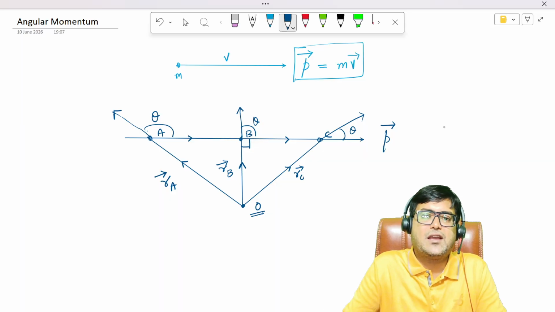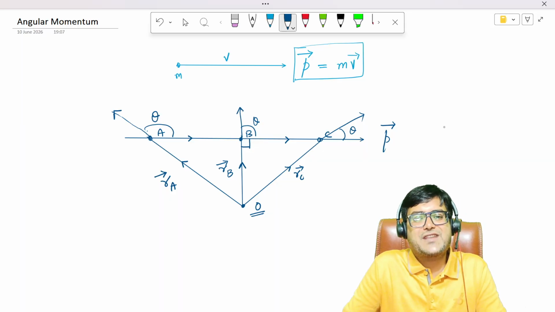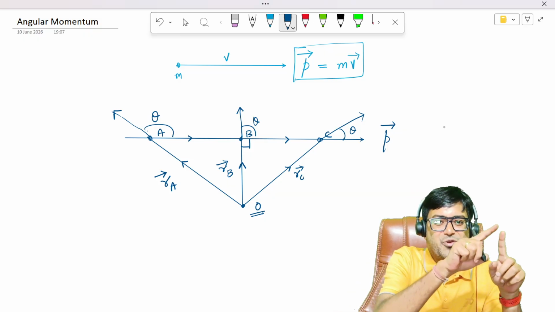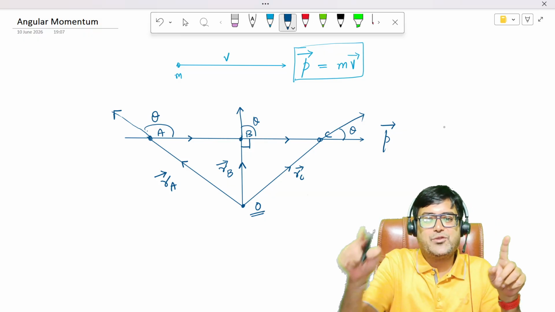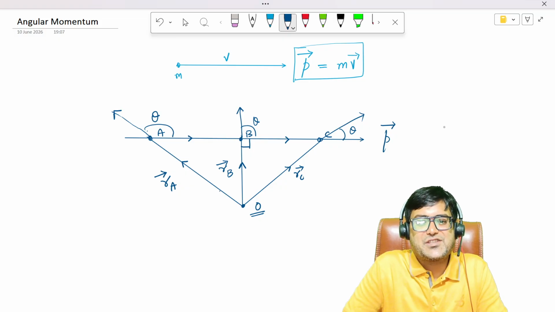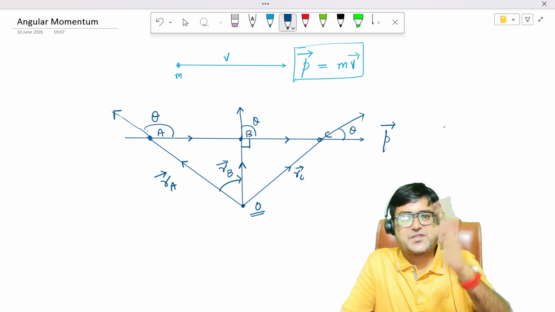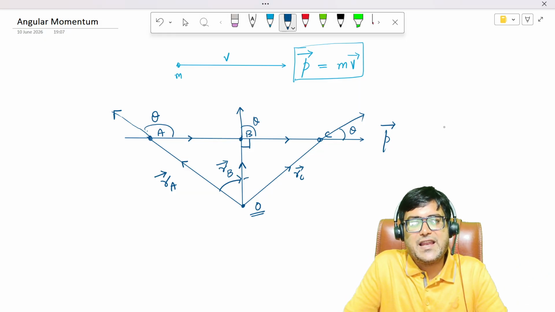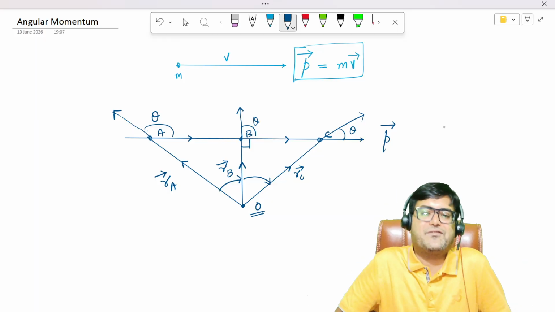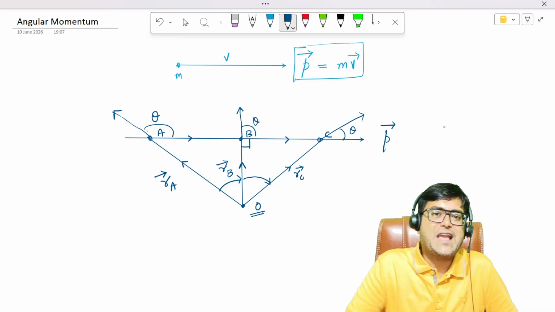Now understand here, as the particle is moving from A to B and then from B to C, you see there is a rotation being caused in the position vector. RA becomes RB by rotating, and then RB also becomes RC by rotating. And because of this rotational effect of linear momentum, what we get is angular momentum.